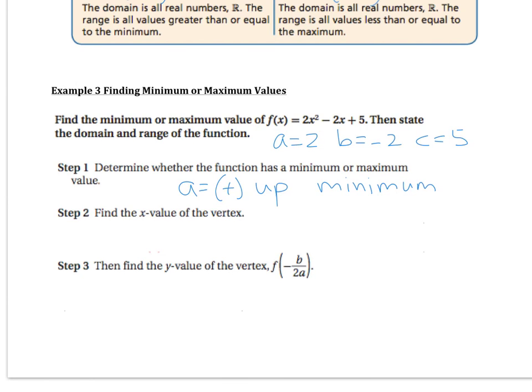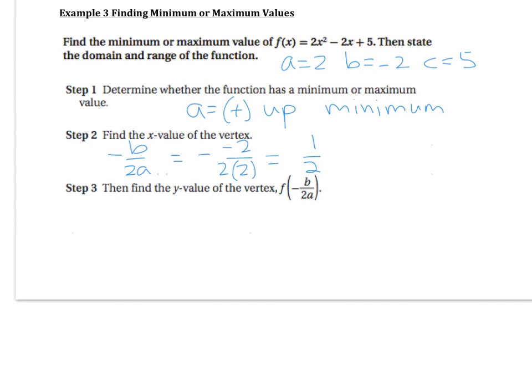The x value of the vertex is the opposite of b over 2a, so that is the opposite of negative 2 over 2 times 2, which is 1/2.